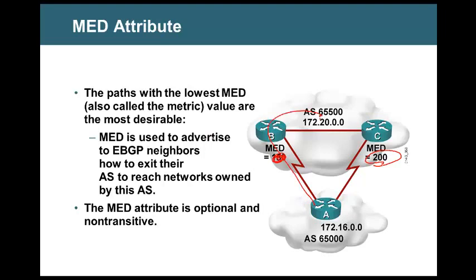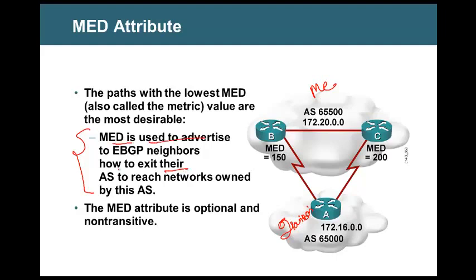MED is used to advertise to the eBGP neighbor how to exit their AS to reach the network owned by this autonomous system. See, these words are not really confusing, they only look confusing. For me, it is their network.